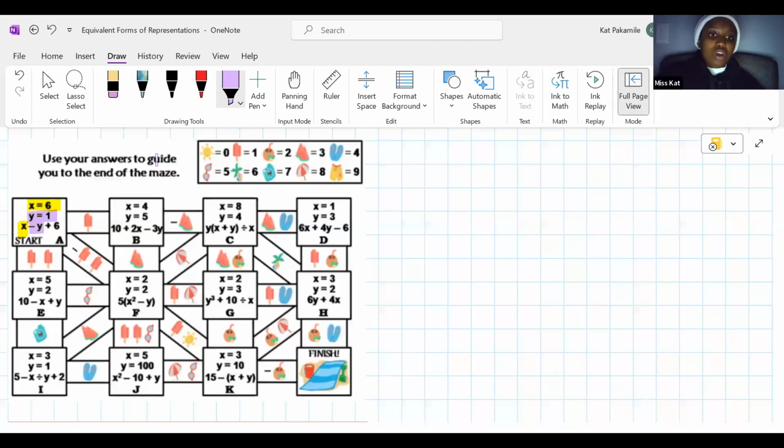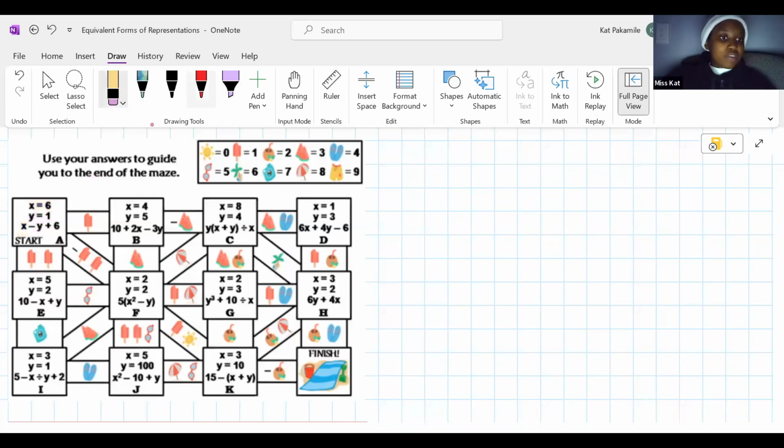Now, your answer, you're going to check in the key above here. Ice cream is 1. So if your answer is 1, it means you're moving that way. If your answer is 2, which is 2 ice creams, it means you're moving that way. If you subtract 2 ice creams, then it must lead you that way. But you guys get it.